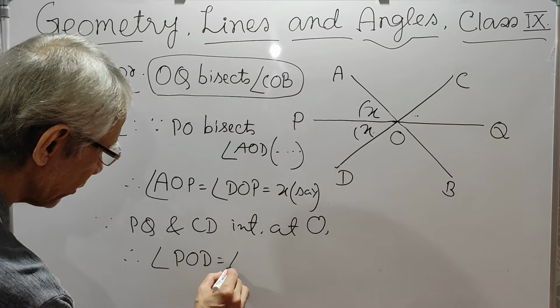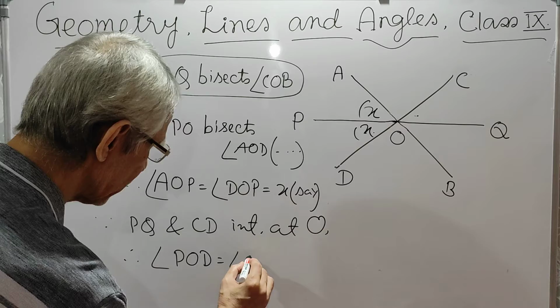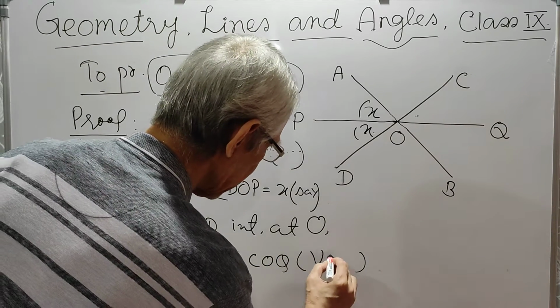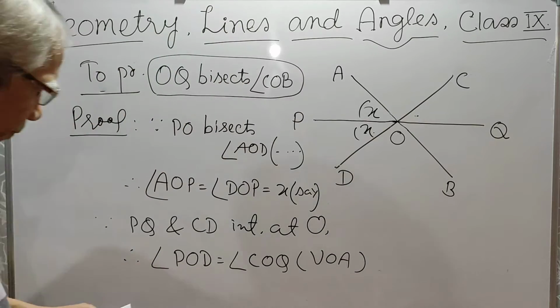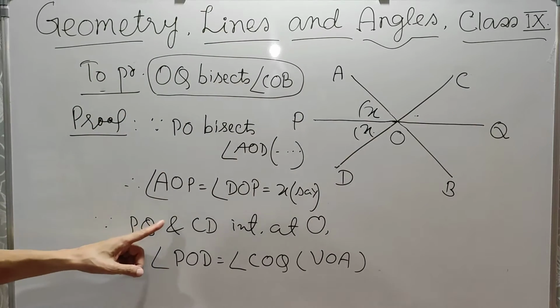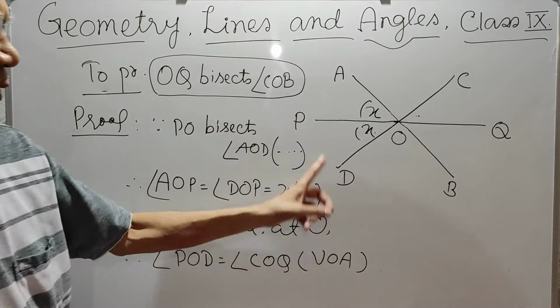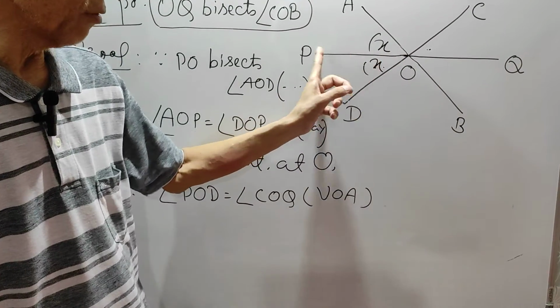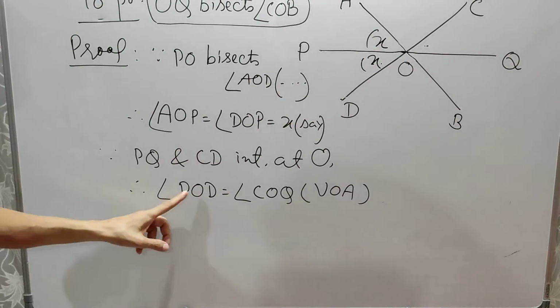Angle POD equals angle COQ. What is the reason? Vertically opposite angles. Since PQ and CD intersect at O, these two angles POD and COQ are equal.